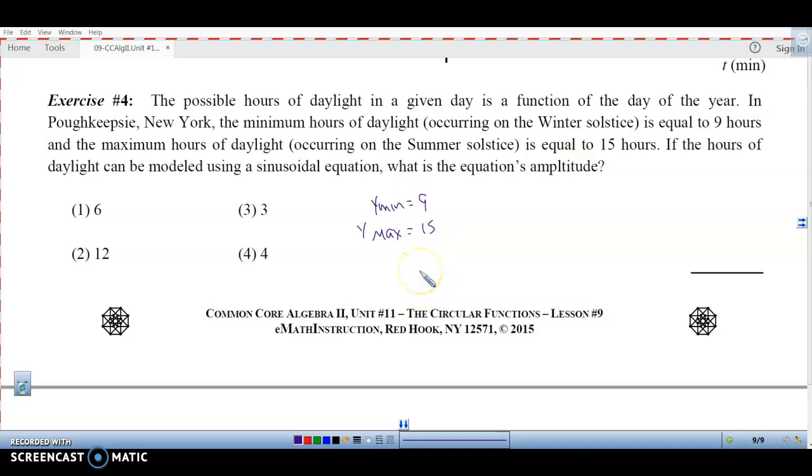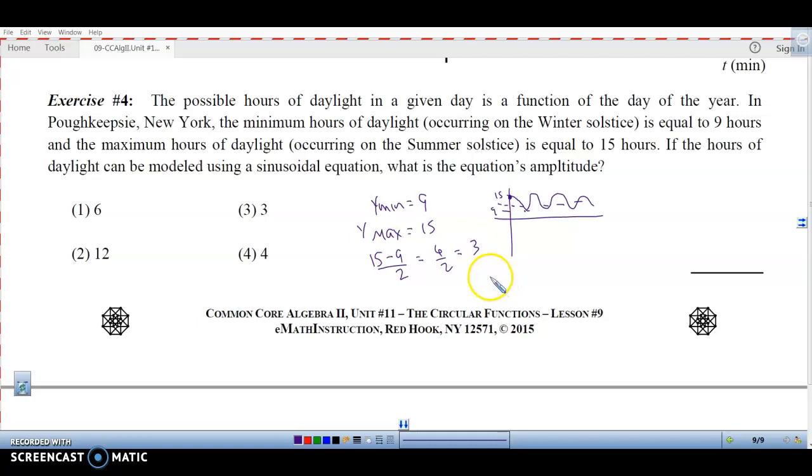All right, so if we look at our graph, whatever it happens to be, say you started in the winter time, you go winter is at 15, and then you go down to summer, which is 9. And it keeps going back and forth, right? So 15 to 9. All right, so what we need to know for the amplitude is how far is it between them? Well, we know 15 minus 9 is going to be 6, and divide that by 2, 6 divided by 2 is going to be 3.